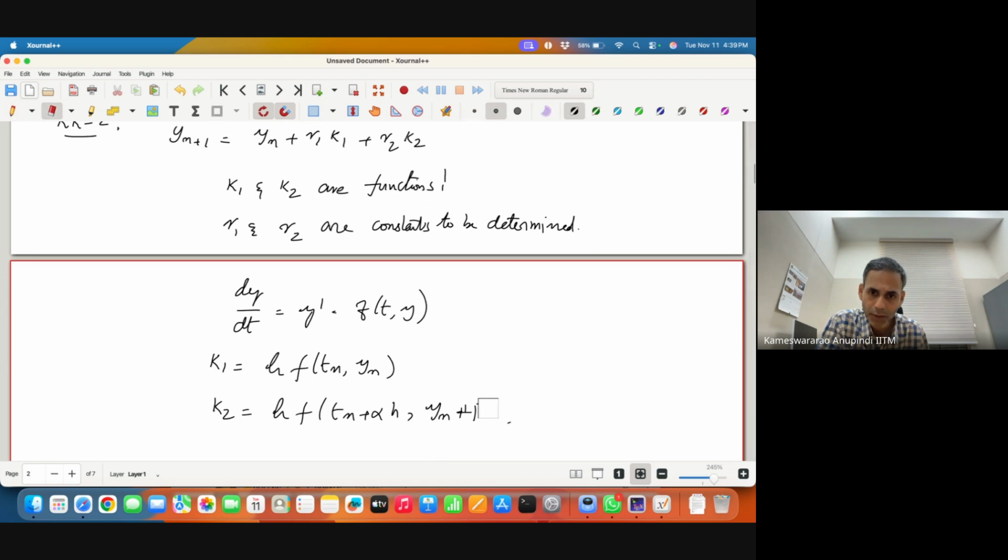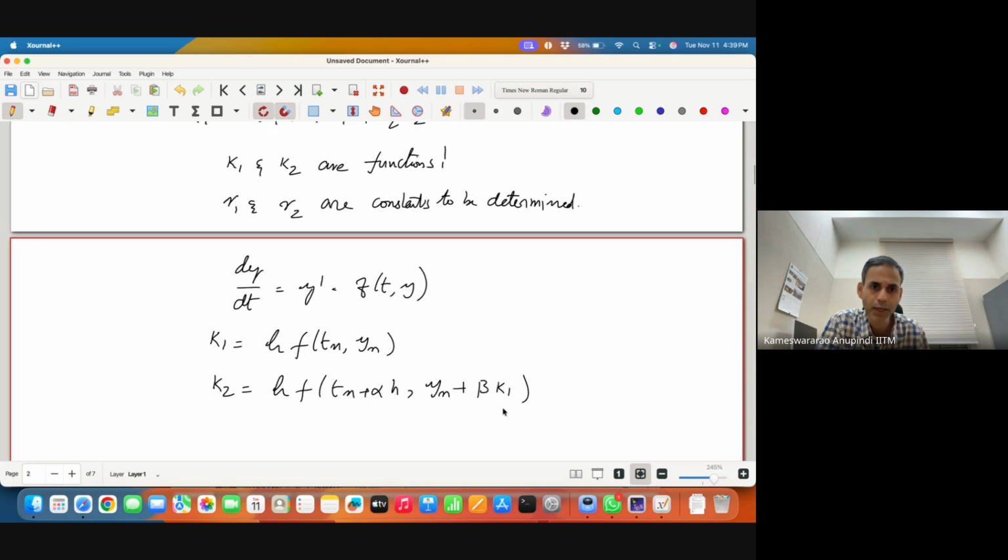Okay, I think this may be a little confusing. So what we're doing is basically we have this function evaluated at tn and yn, and we obtain the new function which we call k1. Then the other function k2, we are evaluating h times f, the same right hand side function that we have, at a different time and at a different y location. Instead of t, y, we are evaluating at tn plus alpha h. You see here, we are not going to tn plus h. Tn plus h would have taken you to tn plus 1, right?